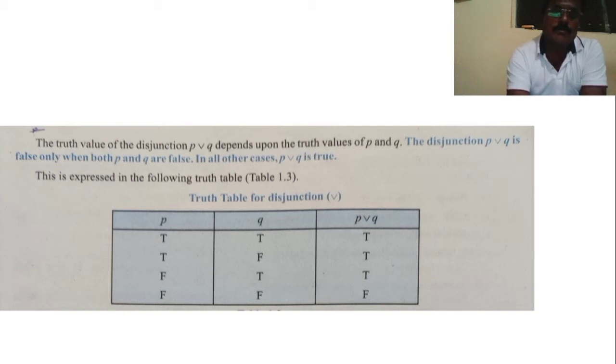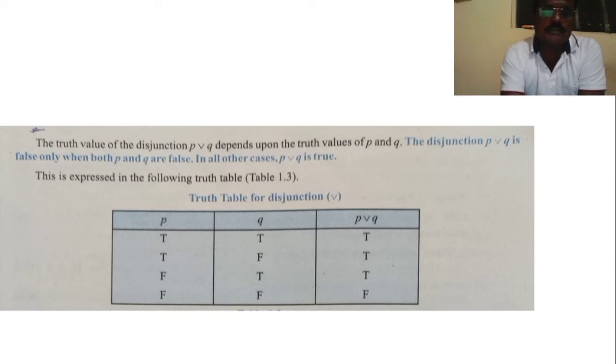For the truth table of the disjunction: first column P, second column Q, third column P or Q, that is the disjunction. First simple statement true, second simple statement true, then its disjunction is true. Next, first true, second false: P or Q is true.